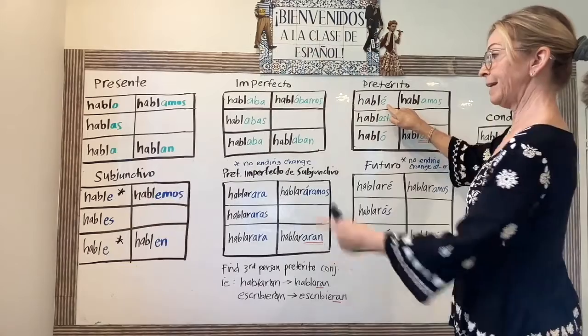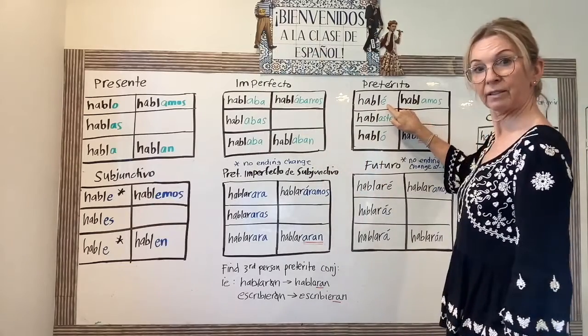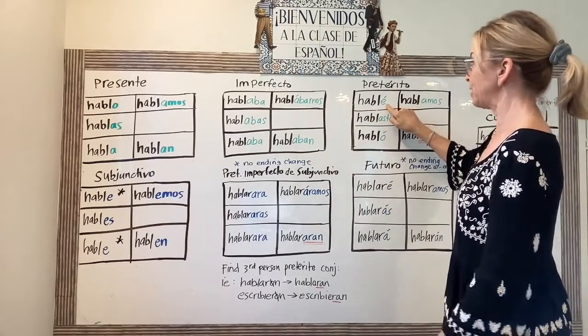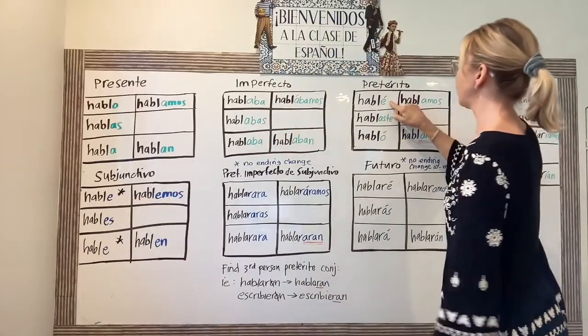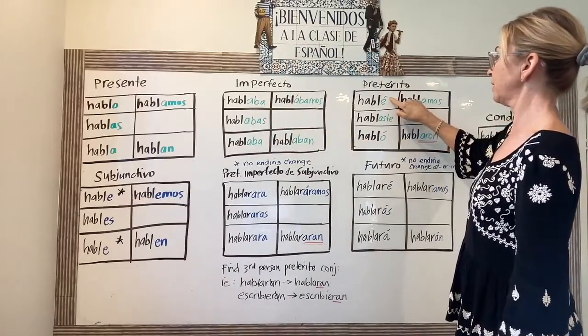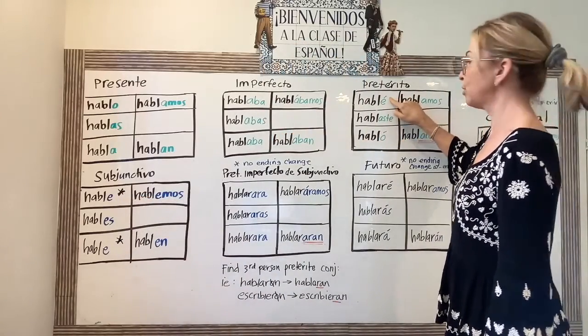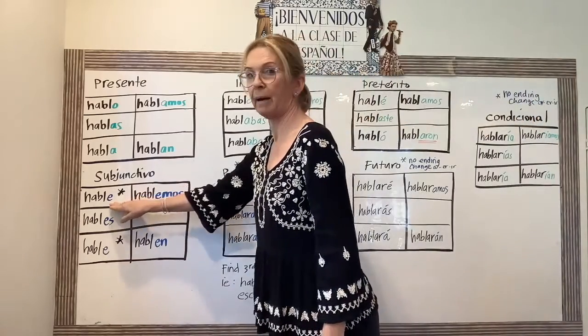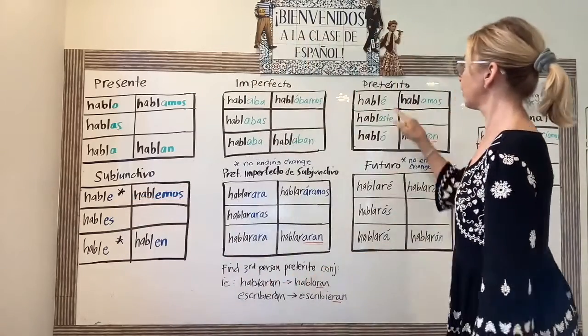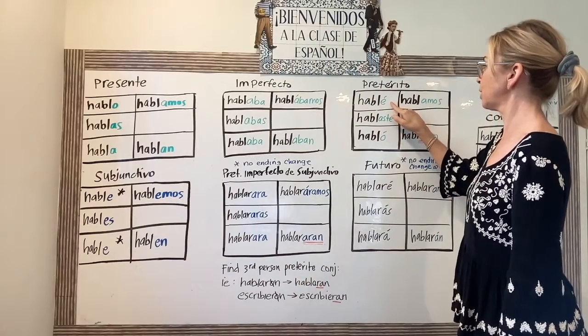It uses an E, just like in the subjunctive. But to differentiate between the preterite and the subjunctive, you know that the preterite form has an accent on the E. So you say hablé instead of the subjunctive where you say hable, okay? So that's the yo form of the subjunctive.